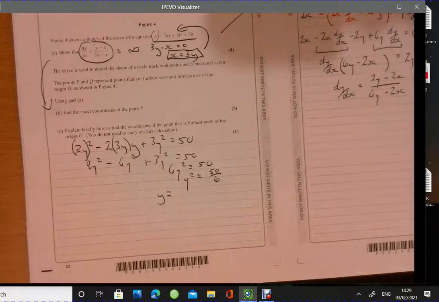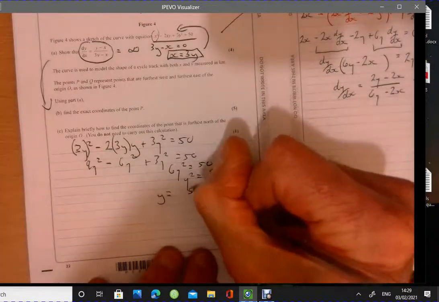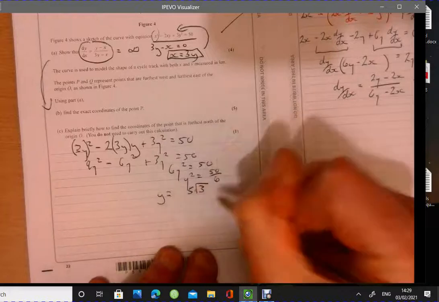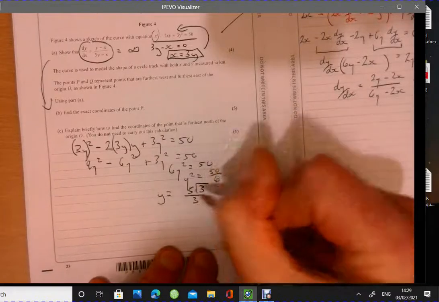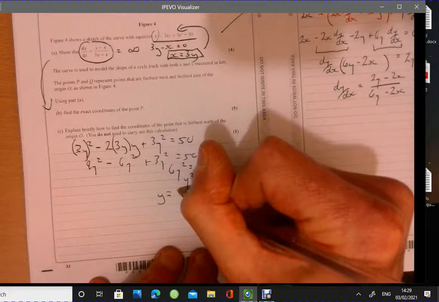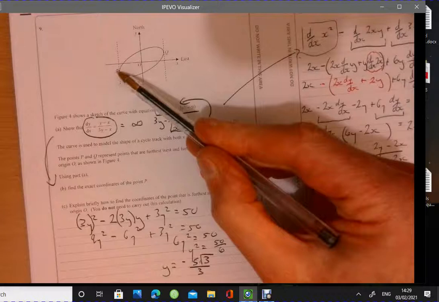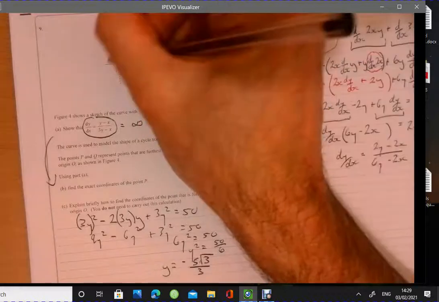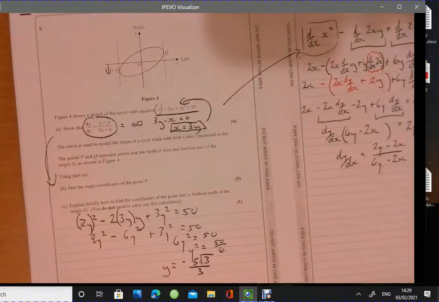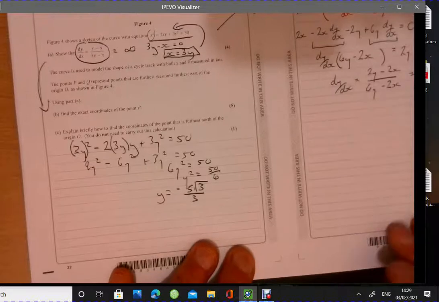You just pop that into your calculator, can't you, really? That's going to give us 5 root 3 over 3. Now, it's the negative, right? There's obviously a plus and a minus, but we're looking at P, so it's the negative point there. So we know it's going to be that value.